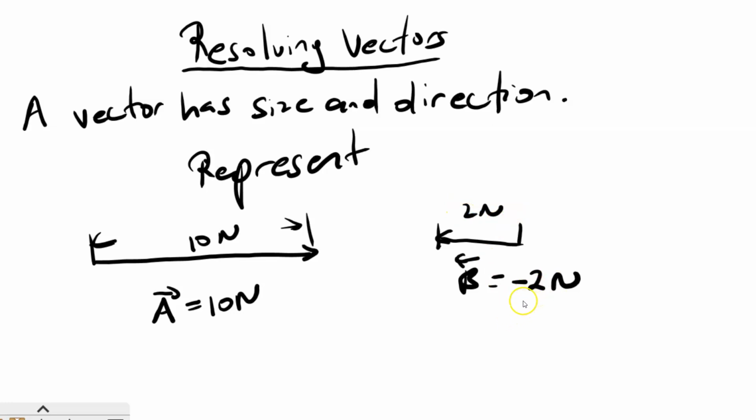We also use this negative to give an indication of direction. Also, arrows with arrowheads are used to give us direction as well. So that's one of the first things about vectors.